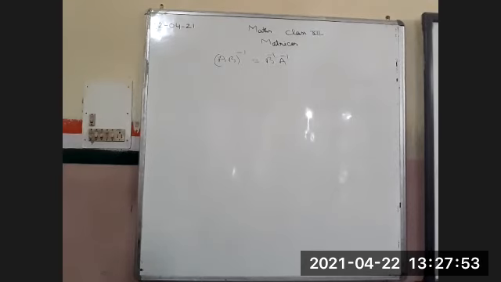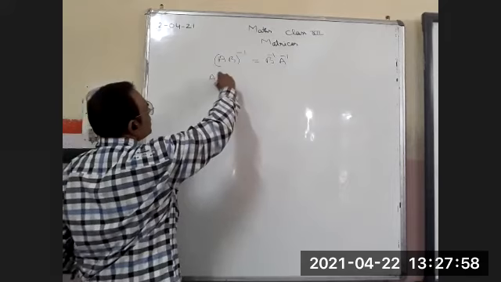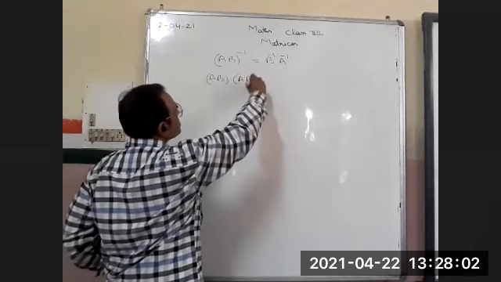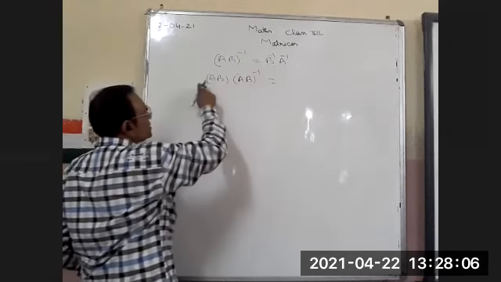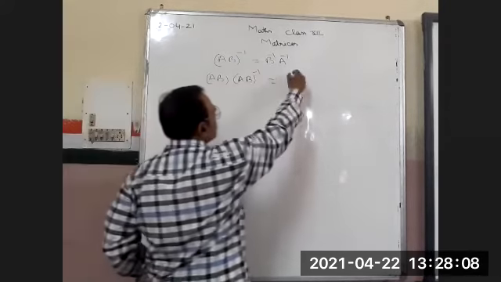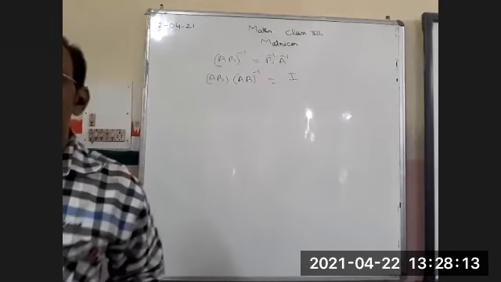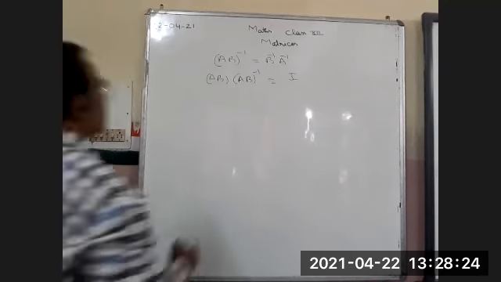We know that for any matrix, suppose we are taking the matrix AB, here we are taking AB inverse. It is the inverse of matrix AB. The product should be equal to the identity matrix. This is the definition of the inverse. If we multiply by A into A inverse, it should be equal to the identity matrix. Now we are pre-multiplying by A inverse.